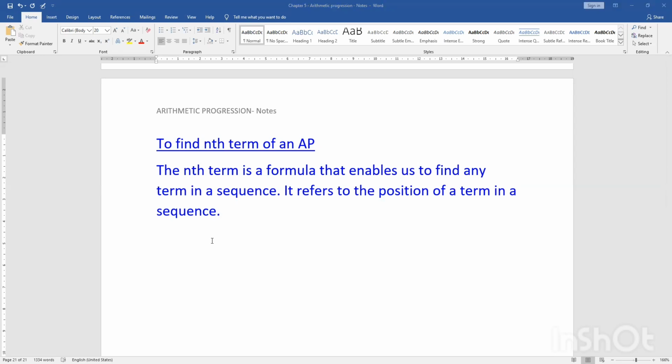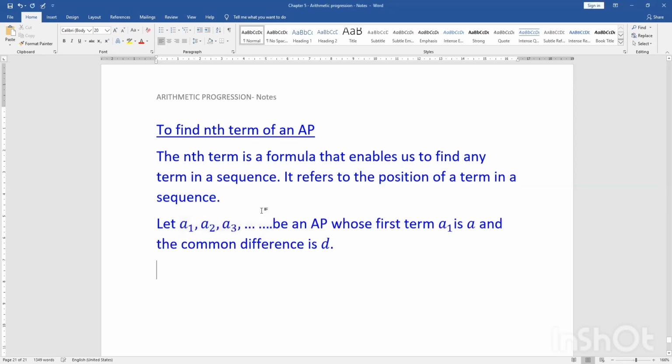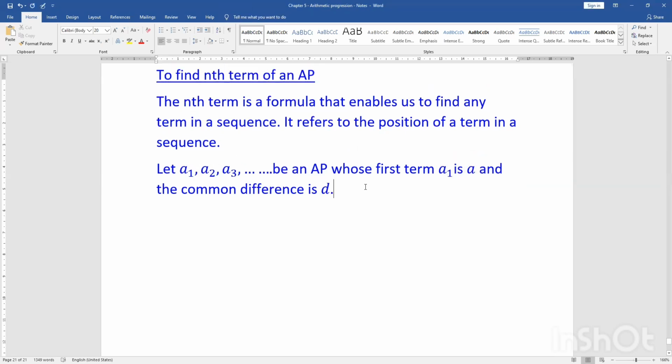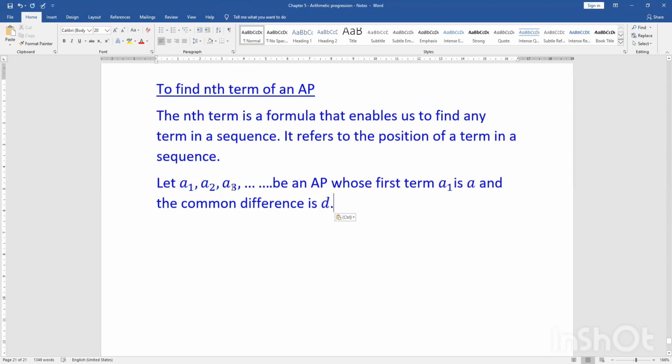See here, we have A1, A2, A3, and so on, be an AP. Let all these terms be in AP, whose first term A1 is a and common difference is d. Now I want to know what this term is, A3, or A2, I want to find out its value.